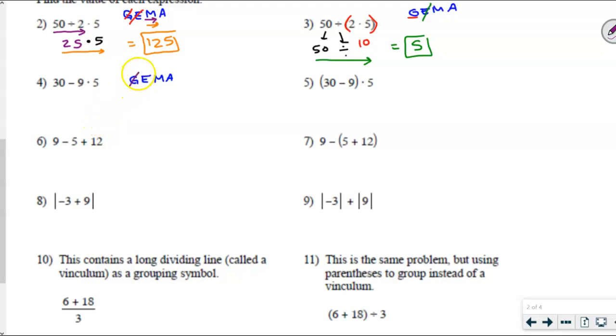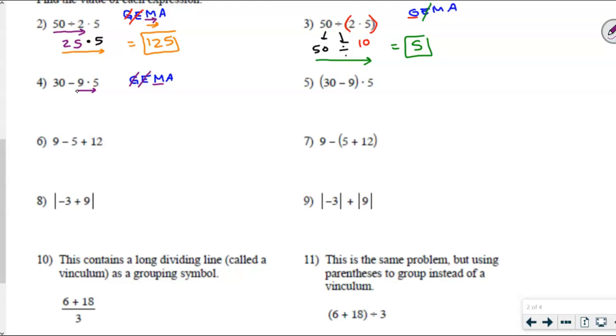Yeah, no grouping symbols. No exponents. Okay, and pause there. Very good. Do we have multiplication or division? Yes. So what are we going to do? That multiplication. Multiplication has to happen first. Yes, Caitlin.